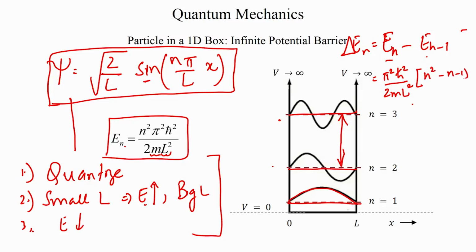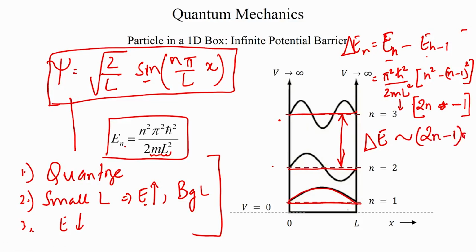n square minus n minus 1 whole squared. And if you were to just look at this expression, it is nothing but 2n plus 1. I'm sorry, 2n minus 1. So the gaps between these, which is my delta E, scales as 2n minus 1 into pi square h bar square by 2m L square.